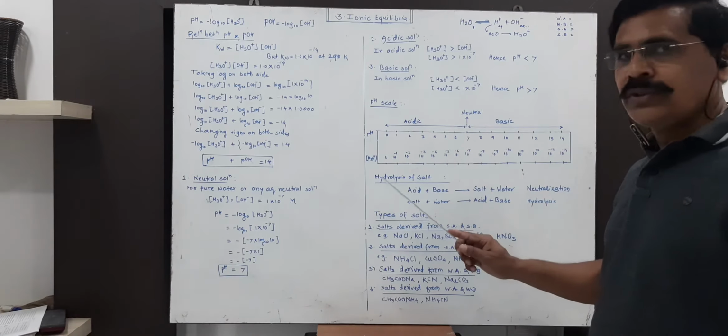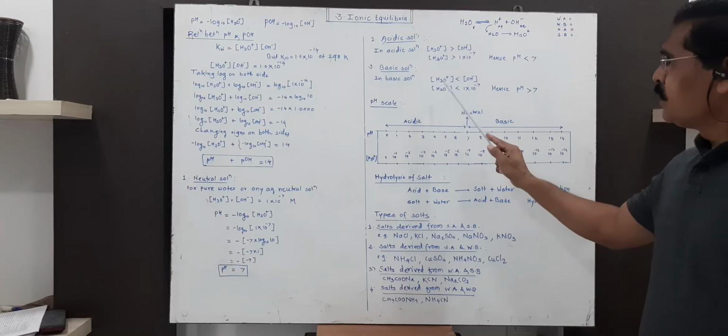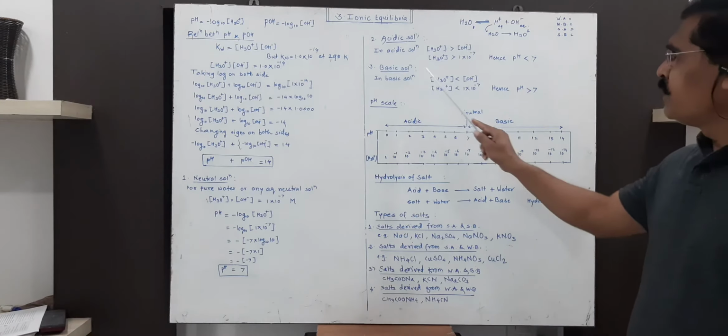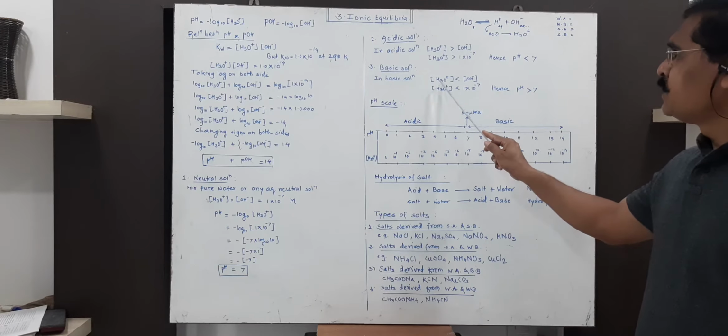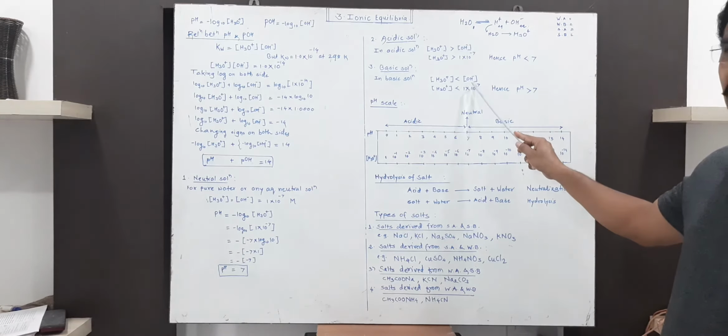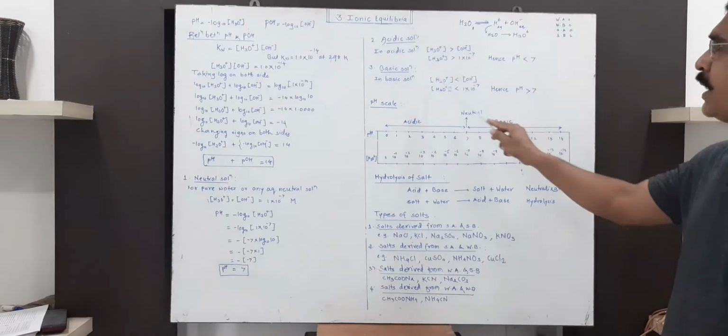In case of basic solution, again these concentrations are not equal. In case of basic solution, the concentration of H3O+ is always less than the concentration of OH- ions.